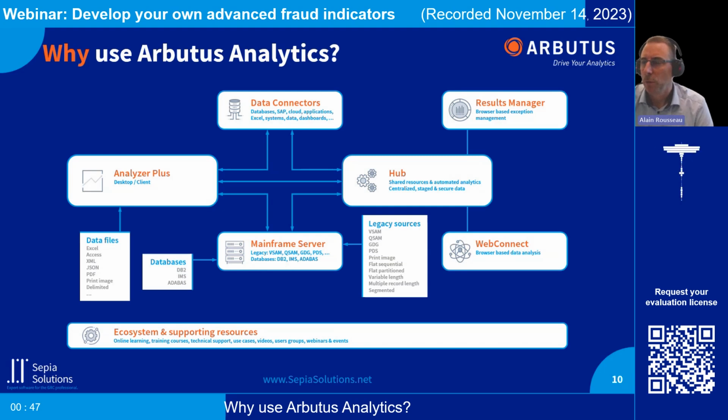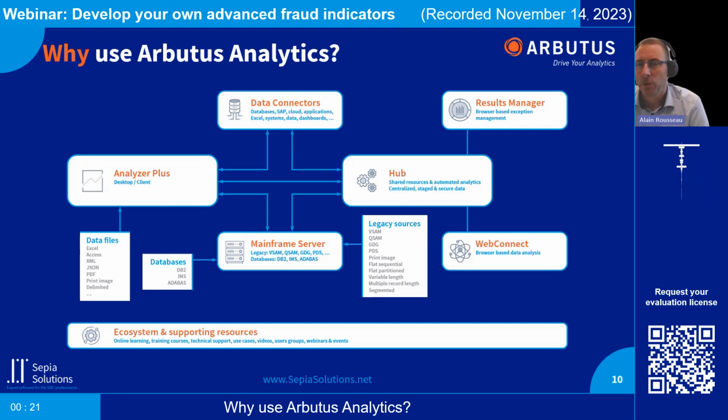But I will discuss one more thing, which is the ecosystem in which we live. Arbutus Analyzer is created in Canada by Arbutus Software Incorporated, but there's a lot of partners worldwide, partners like Sepia Solutions, who distribute the tool and add additional value through webinars, through local events, through support groups, and so on. So you're not alone out there.